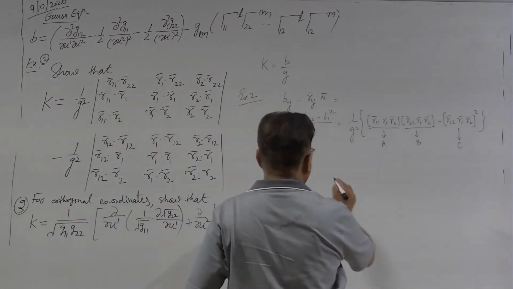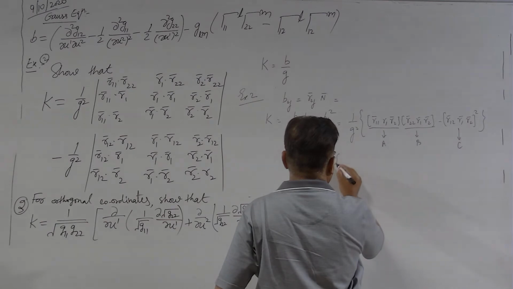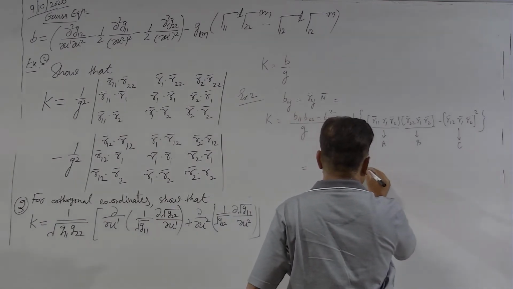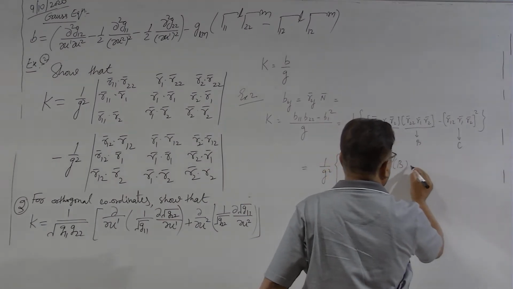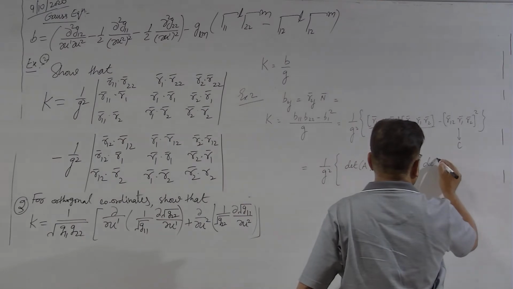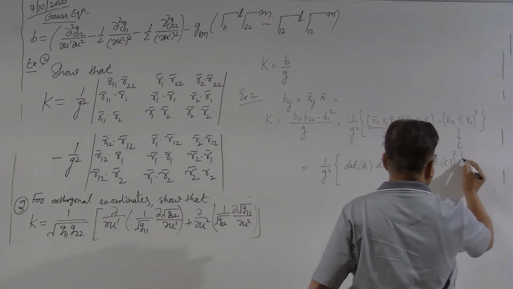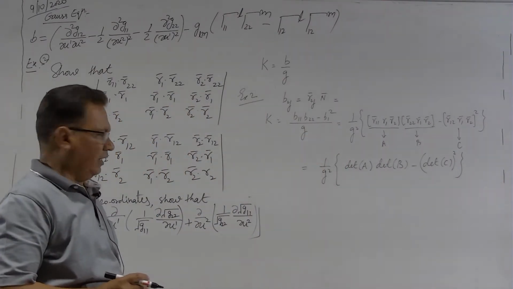So, I will read it like this. This is equal to 1 upon G square into determinant of A into determinant of B minus determinant of C square, where I have just explained what A, B, C are.